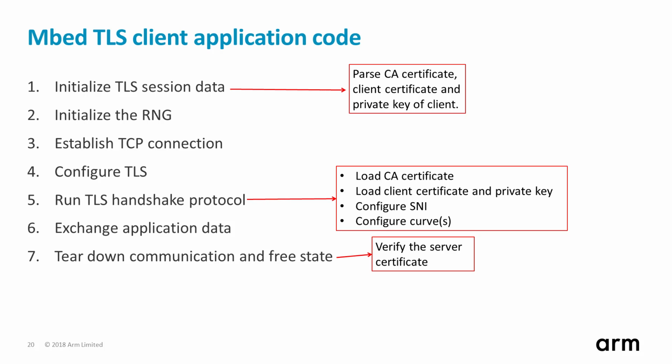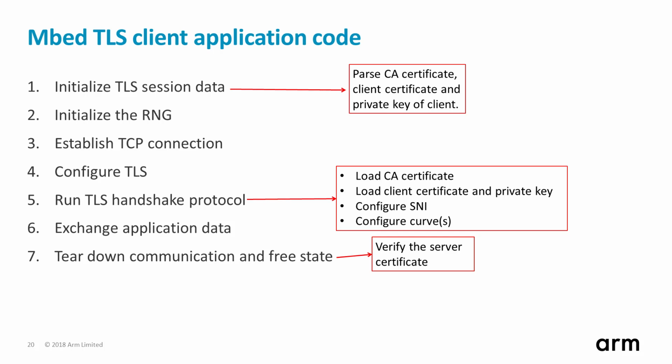We then configure the TLS stack, and thereby we also need to load the CA certificate we previously passed, as well as the client certificate and the private key. We configure the SNI parameter and also the curve. Then we are ready to run the TLS Handshake protocol in step 5. We will at the end of the handshake verify the server certificate. Finally, we are ready to exchange application data, and in our example code, we then immediately tear down the communication and free the state.